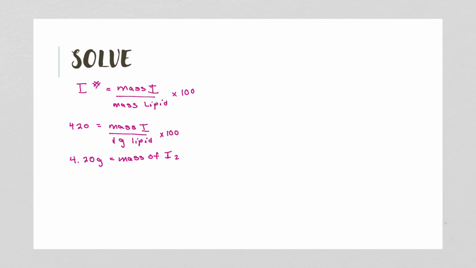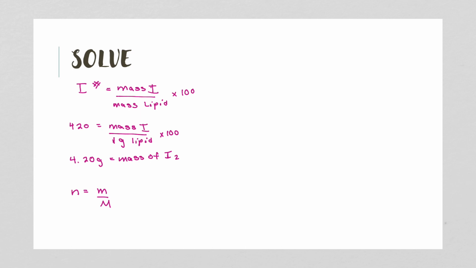Now we need to figure out how many moles of iodine we have. Remember, mass divided by molar mass will give us our moles. We would look up the molar mass of iodine.